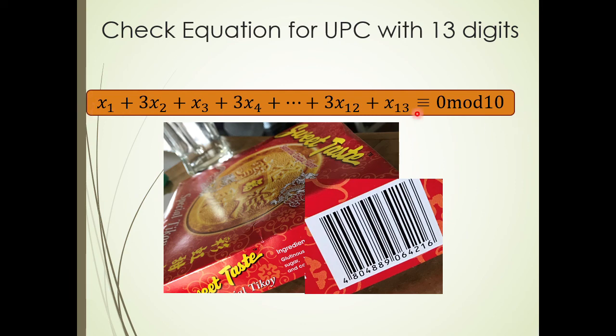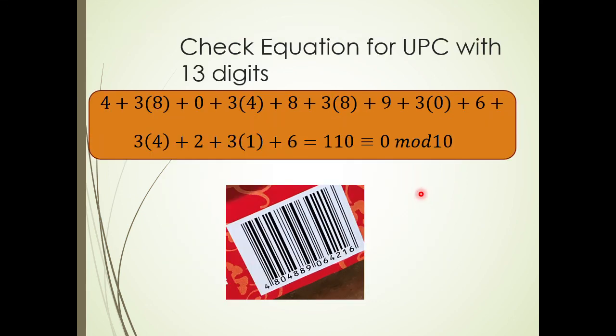For UPC 13, the numbers in the odd places are copied as is, while the numbers in the even places are multiplied by 3. The resulting total sum must be divisible by 10. So you can verify that this UPC 13 satisfies this check digit condition. You will get 110, which is divisible by 10.